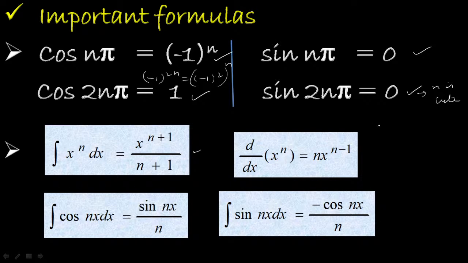Let me recall one more thing. While differentiating x, d by dx of x, the power is 1. So based on the formula n x power n minus 1, we get 1 times x power 1 minus 1, that is x power 0, and anything power 0 is 1.